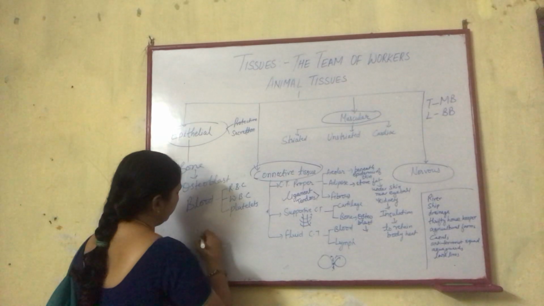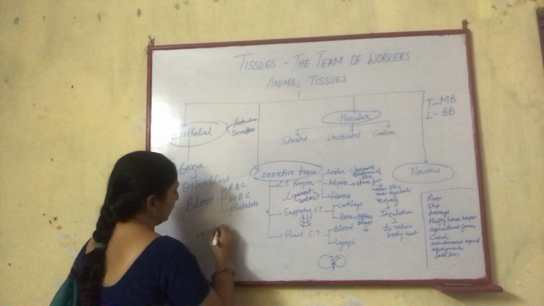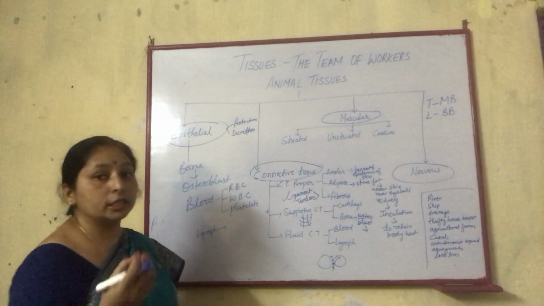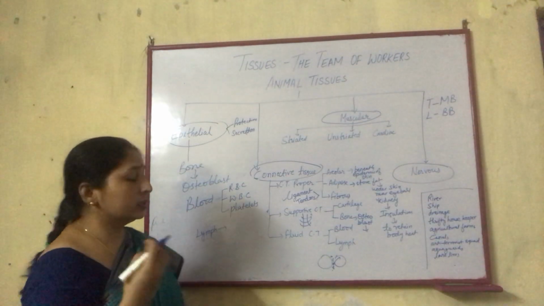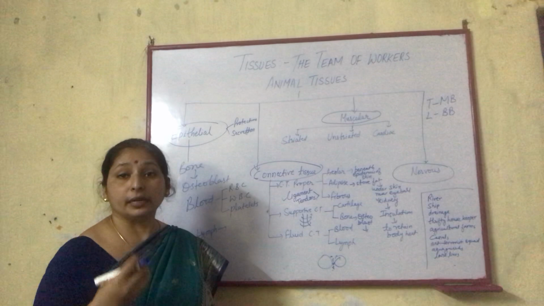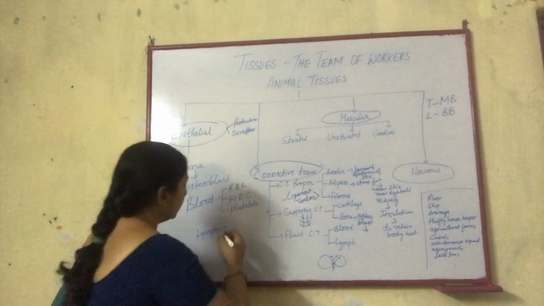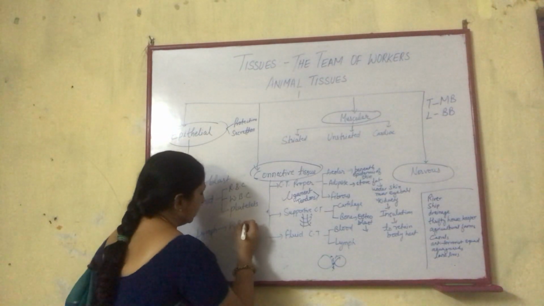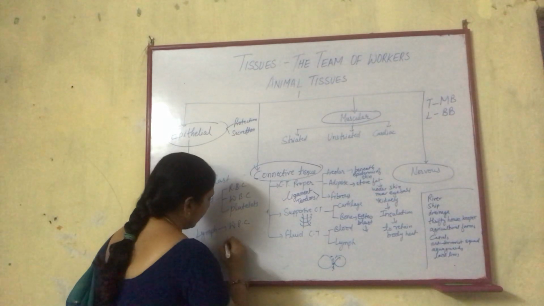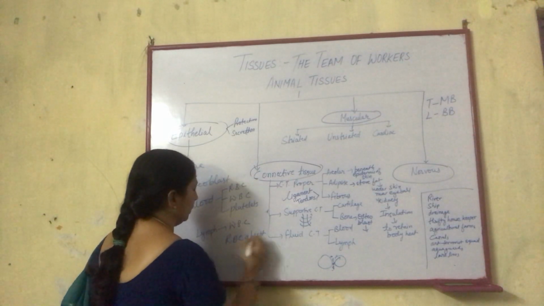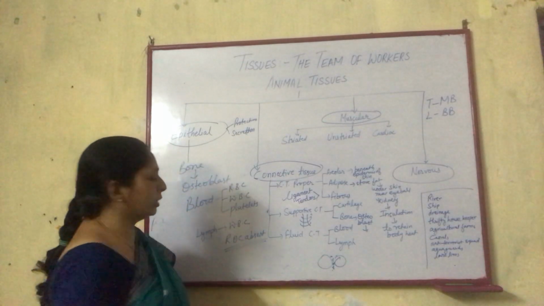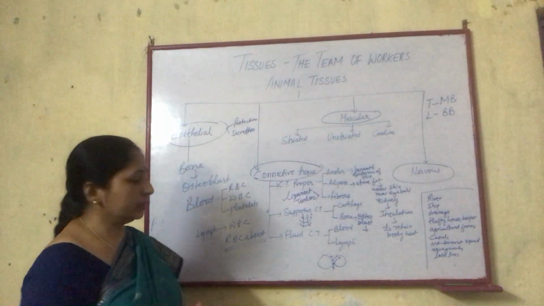While lymph is formed by the oozing out of substances from blood vessels. It contains WBC and other substances, but RBC is absent, so it is colorless or pale yellow in color.